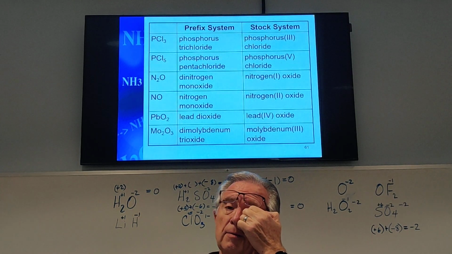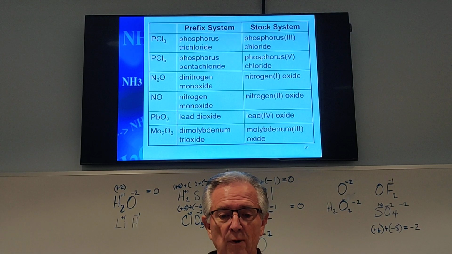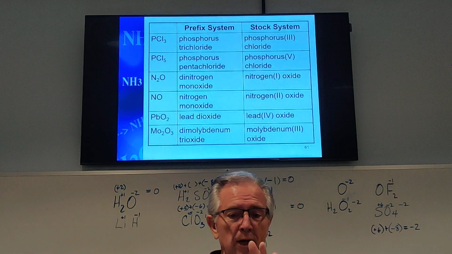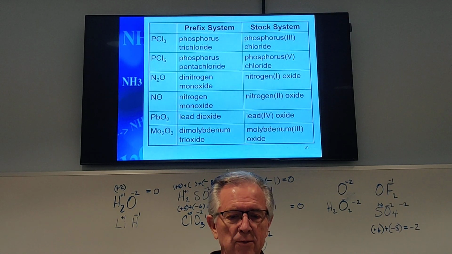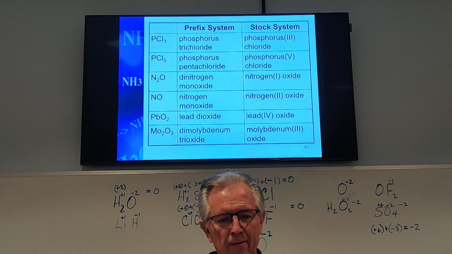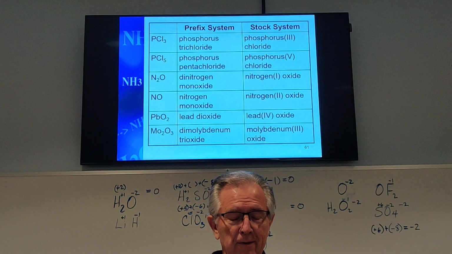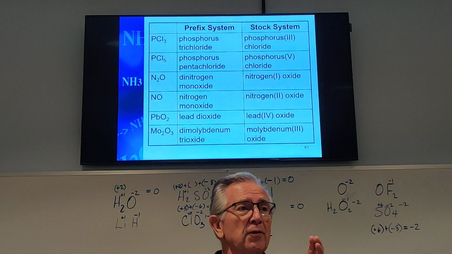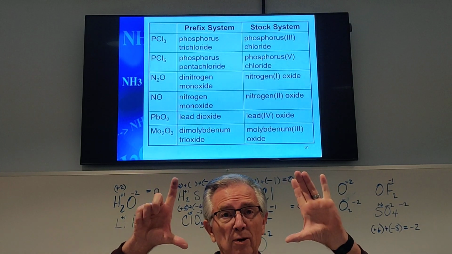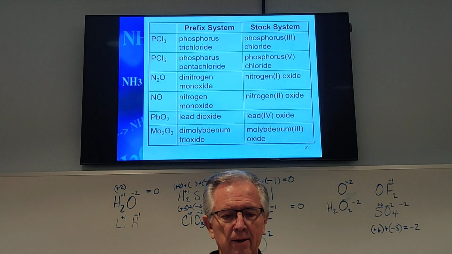Okay, its oxidation number is going to have to be a +3. So that's why I put phosphorus 3 chloride. In the next one, I have a -5 because I have 5 -1s, so that has to be a +5. So I have to put phosphorus 5, Roman numeral 5, chloride.